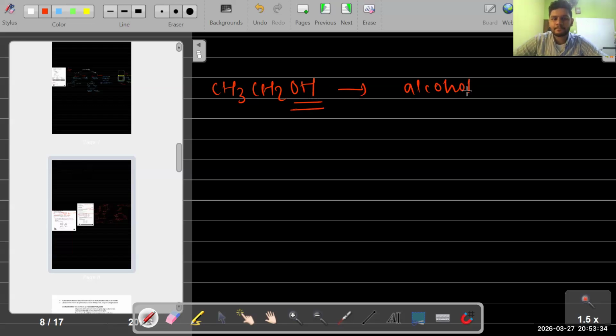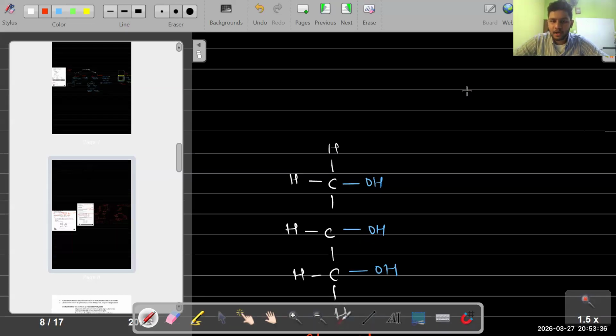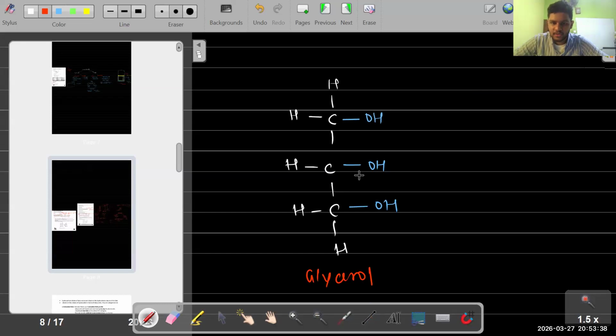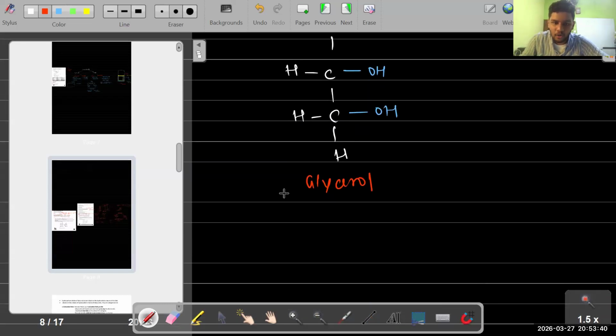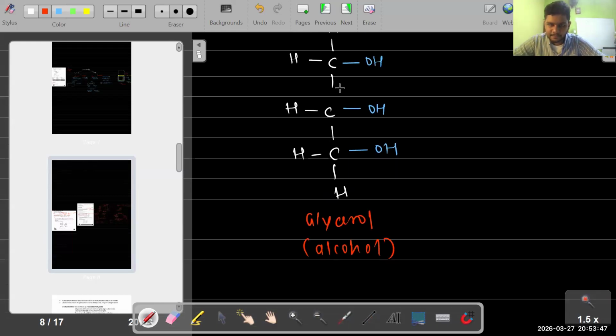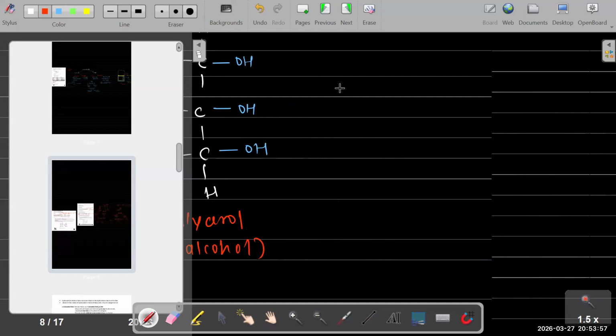Can you see? So here, how many OH are present? 3 OH. So it should definitely be an alcohol. Is that part clear? This is the glycerol part. Is it clear? Yes, sir. Yes. Now let's go to the fatty acid part.